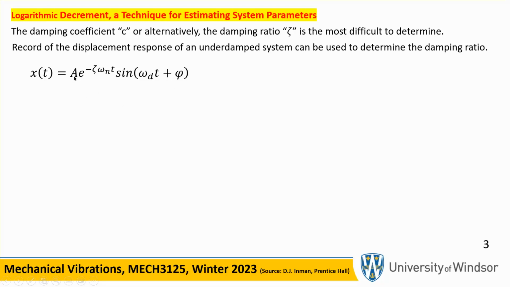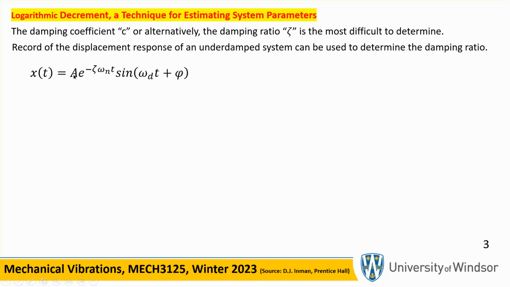So psi is the damping ratio, omega n is the natural frequency, and omega d is the damped natural frequency. Phi is the phase angle, and A is the amplitude of vibration.